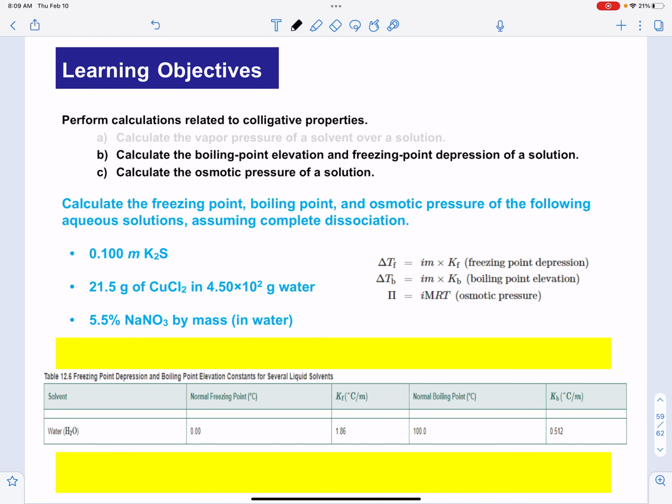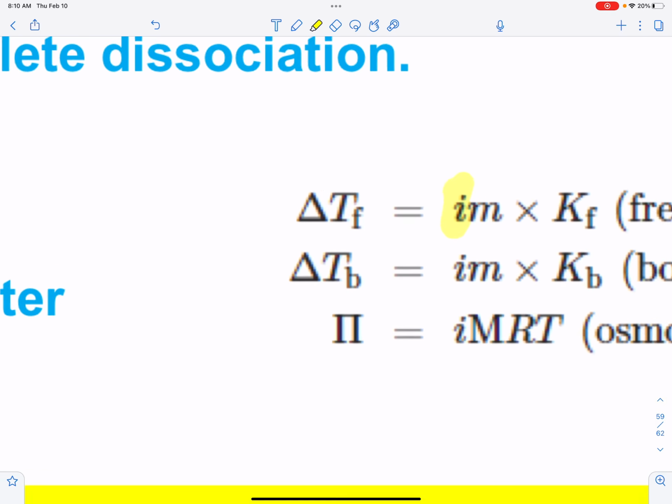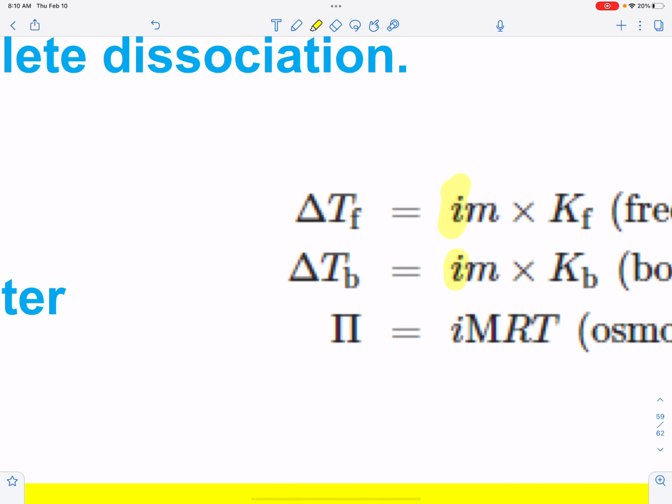So a small variation of the formulas I just showed you is when you have electrolytes. And when you have electrolytes, you're going to have what we call the van 't Hoff factor. A very rough approximation: if I have NaCl, the van 't Hoff factor is going to be 2.